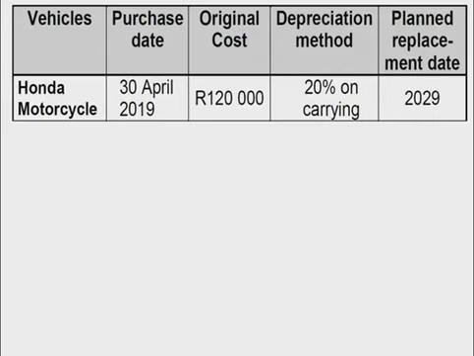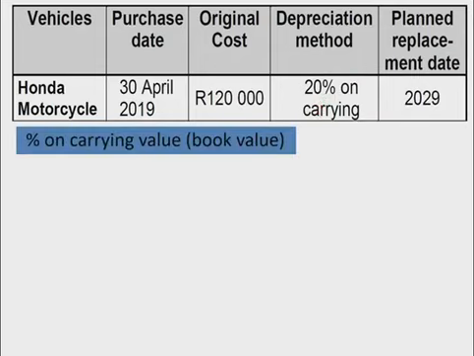Okay. Then for the motorcycle, we bought it in April of this year. Again, we're going to replace it in 10 years' time, but this time the method is 20% per annum on the carrying value. So the carrying value is a percentage on the carrying value, which is also known as the book value.